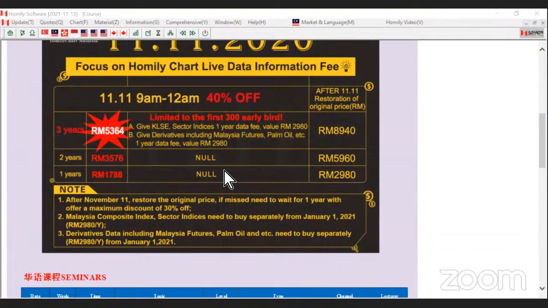It's really worth it for us to get. 1 year is 1788, which is the price after discount. The original price is here. So you can actually save around 3,000 plus if you purchase 3 years together, which is very worthy, and you also get this data for free. Any other question, you can also tell me.